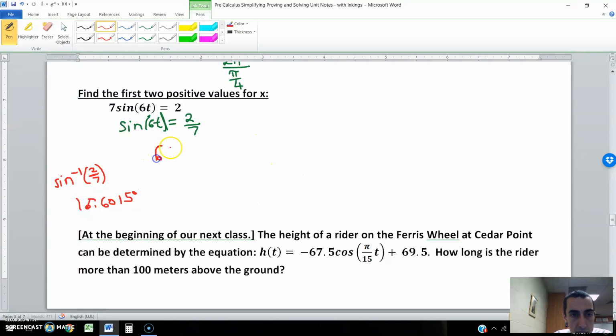And so 6t for our first angle is going to be approximately 16.6015. Then divide both sides by 6, and we're going to get approximately 2.7669 degrees for our t. Now, we need to find the first 2 positive values for x, or for t. I think I changed your notes to say t.